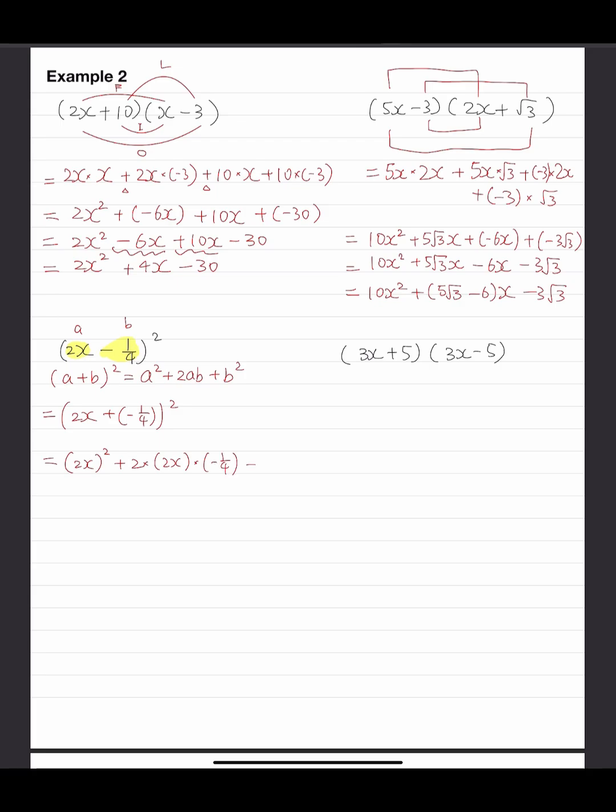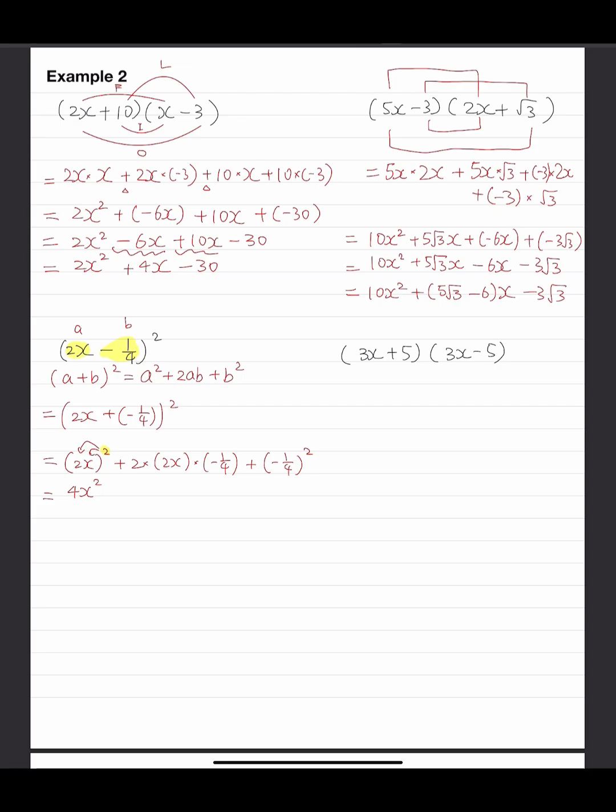Okay, and then you plus b squared, which is negative a quarter squared. Now let's simplify each of the terms. You have 2x squared, which means it's going to be 2 squared x squared, so that's 4x squared. Don't just make it 2x squared because 2 and x sit together inside of the bracket. This 2 is going to be distributed to each one, okay?